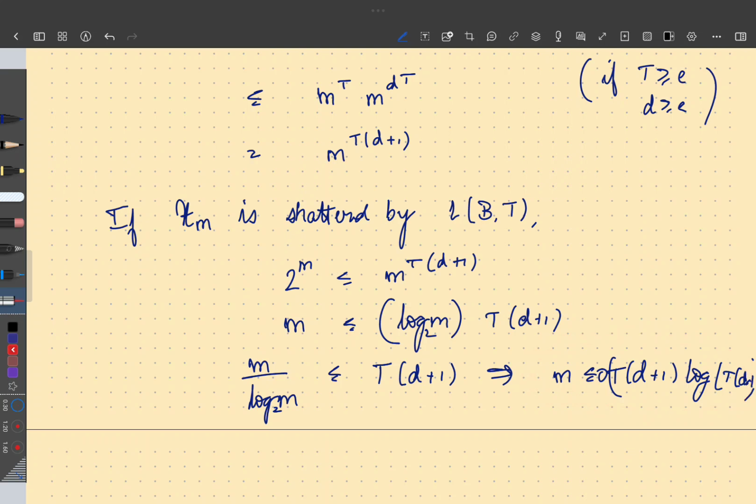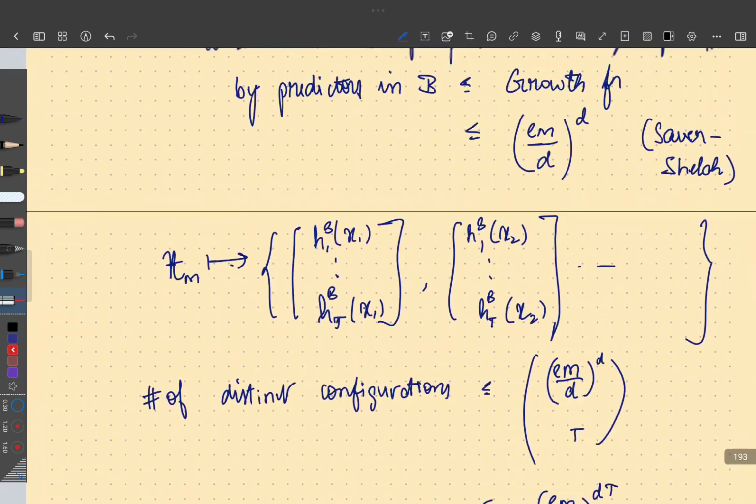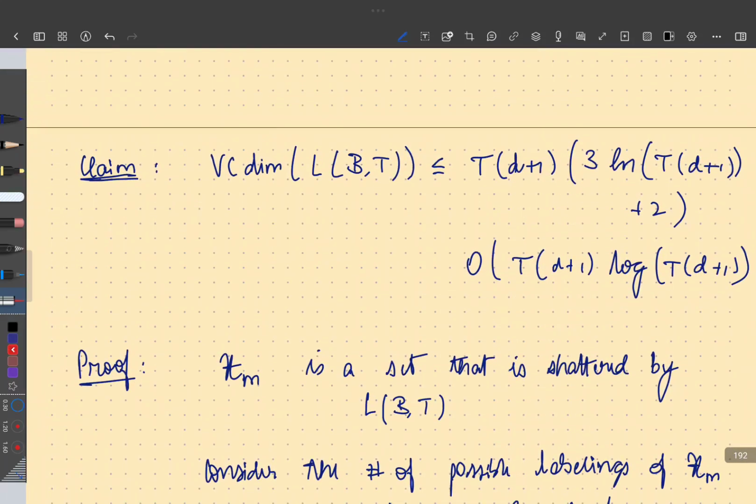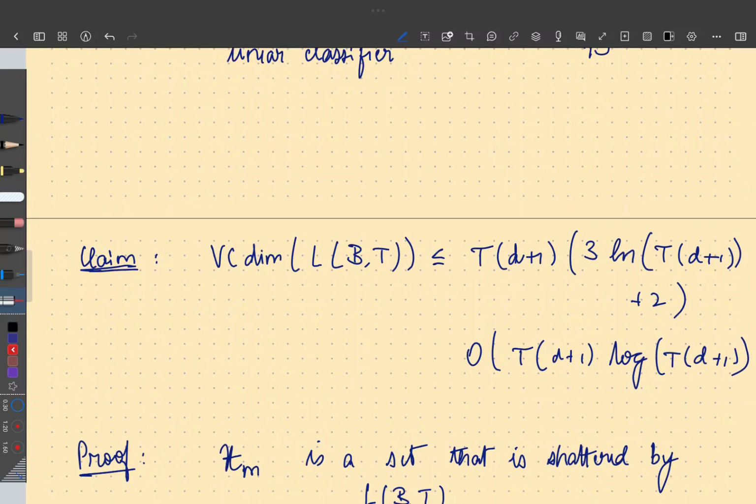Again, in the last step, I didn't worry about the hidden constants involved, but going from this step to this step, you can explicitly find the constants involved, and you can show that this is at most t times (d plus 1), times 3 log of t times (d plus 1) plus 2.